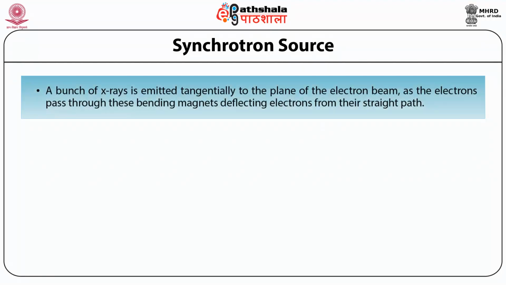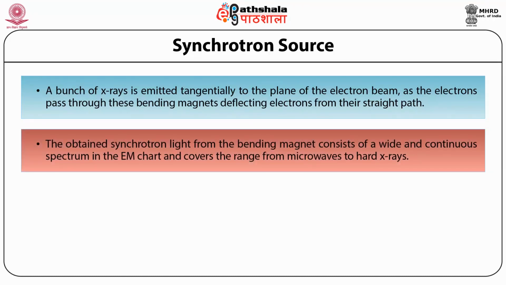A bunch of X-rays is emitted tangentially to the plane of the electron beam as the electrons pass through these bending magnets, deflecting electrons from their straight path.